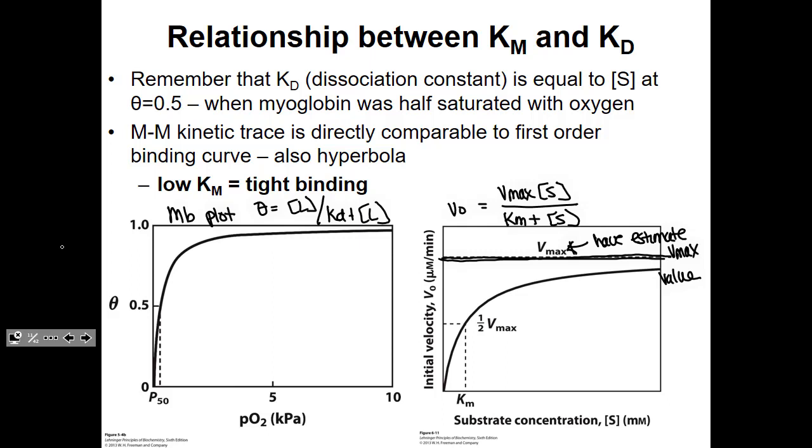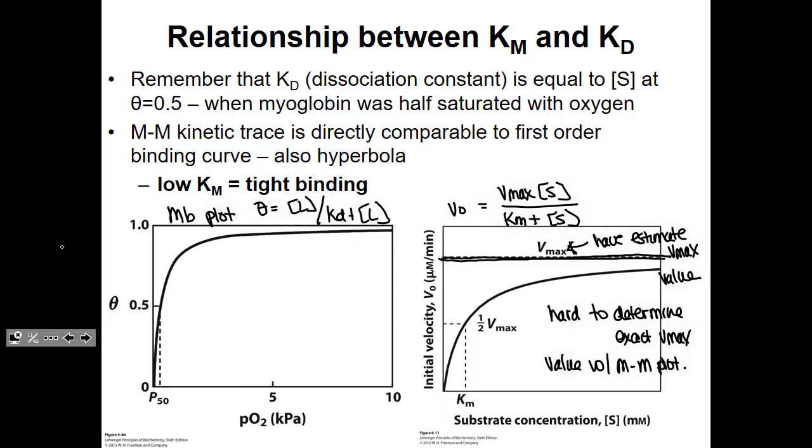Vmax is a constant, but it's hard to determine an exact value with a Michaelis-Menten plot. And we'll talk about a better way to plot your data on Friday.